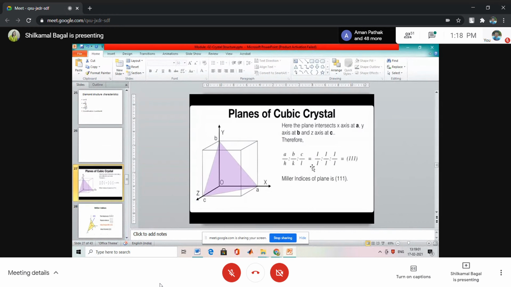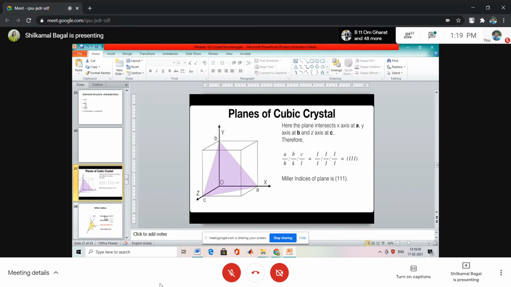Now suppose in general h, k, l are the indices. We have seen, indices means what? Reciprocals of the intercepts. So if we have the indices, then again if we take the reciprocals of those indices, we will get the intercepts. Are you getting it? How have we defined Miller indices?